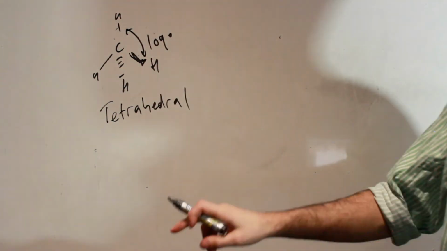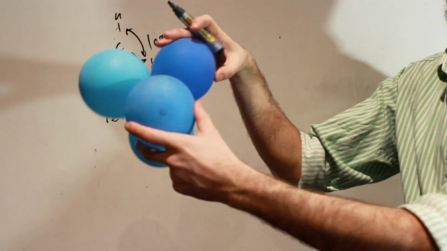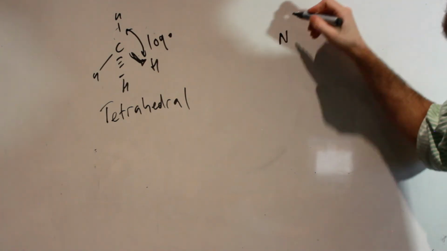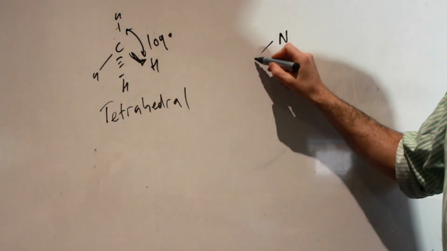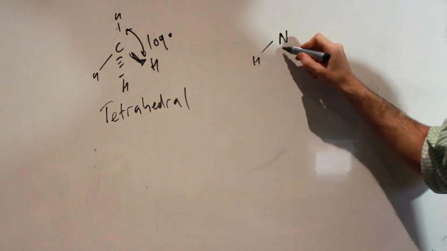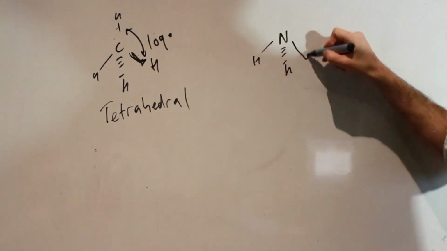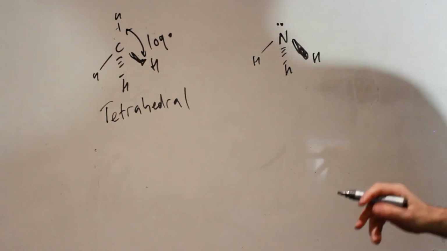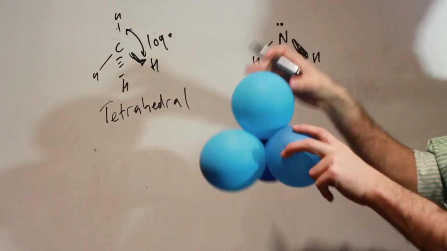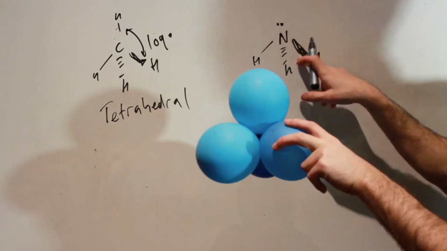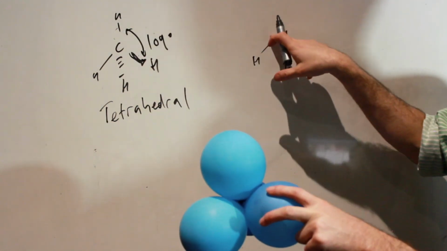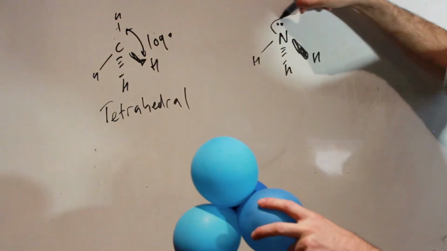If we have one of these left as a lone pair, we get a trigonal pyramidal, such as in NH3. So in this case, nitrogen can make 3 bonds, so we have an H there, an H there, but we have a non-bonding electron pair. Now this still has negative charge. This is still going to want these away from it, and in fact it's going to want these away from it even more because these electrons are closer to the nucleus and they have a bigger electron cloud.